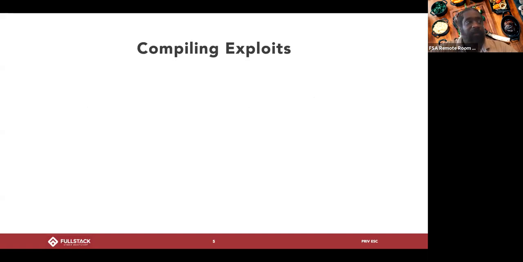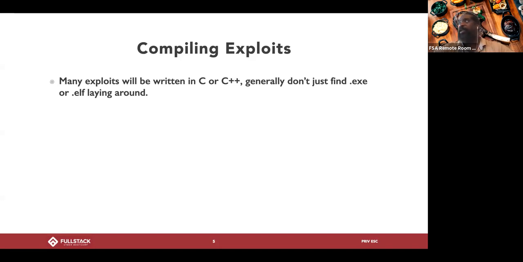If you're lucky enough and you find a kernel exploit, you're likely going to have to compile it. And there are even exploits that are not kernel exploits that you may have to compile. When you're compiling on a Linux box, many times you can do which gcc.